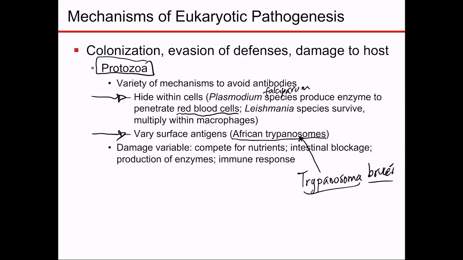I will talk more about this particular pathogen when we get to central nervous system infections. But what I can tell you now related to this particular class is that the way that this parasite evades the immune system is by changing the surface antigens constantly.